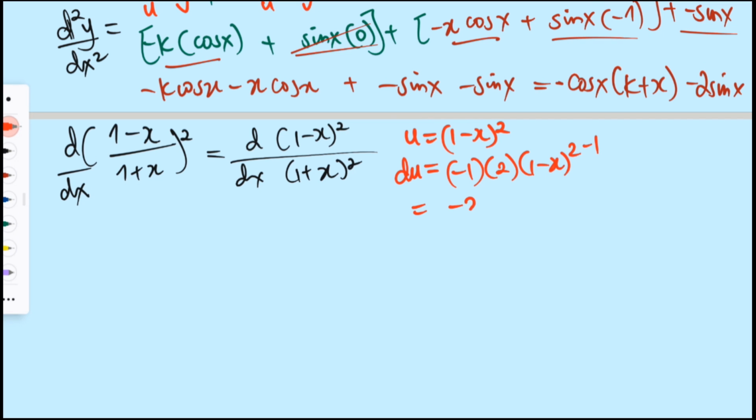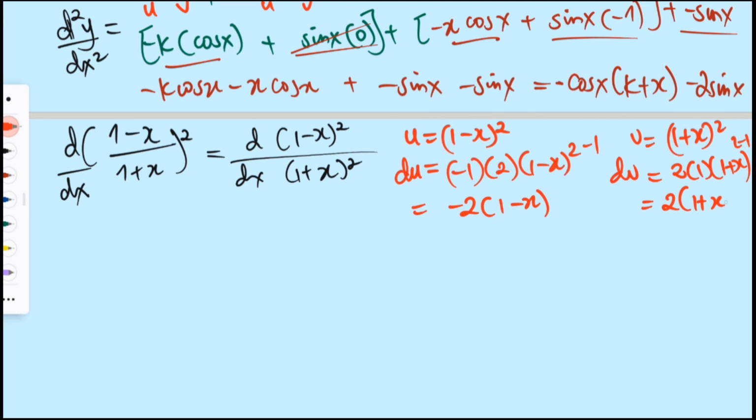This would be negative 2 parentheses 1 minus x, right? Okay, and the same thing goes for v, 1 plus x all squared. dv equals 2, differentiate the middle, 1 plus x, the power 2 minus 1, so dv would be 2, 1 plus x.